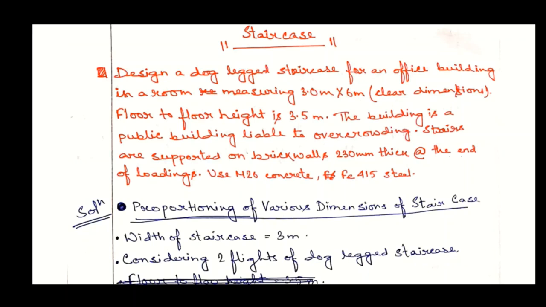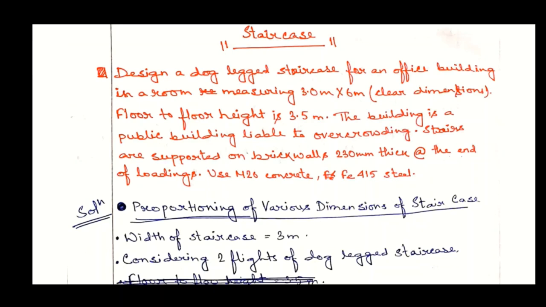So stair is a very important part of a building. This may be an office building, maybe a school building, maybe a residential building. So loads and geometrical design for comfort depend upon the type of building where we have to place the staircase.